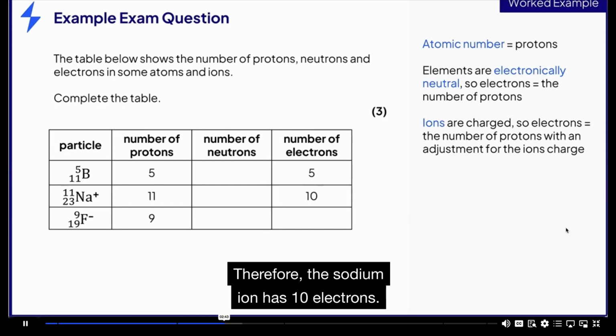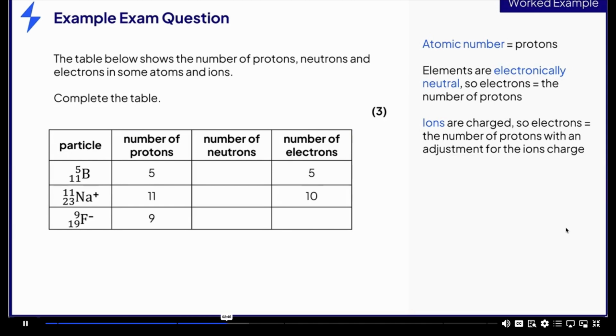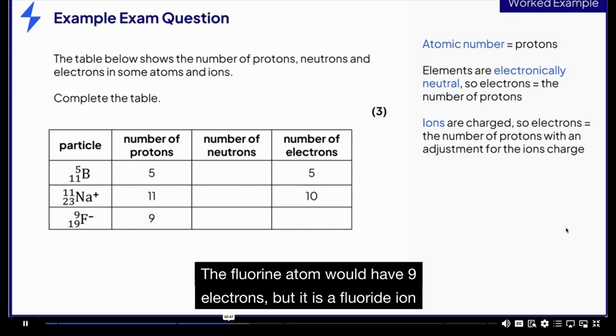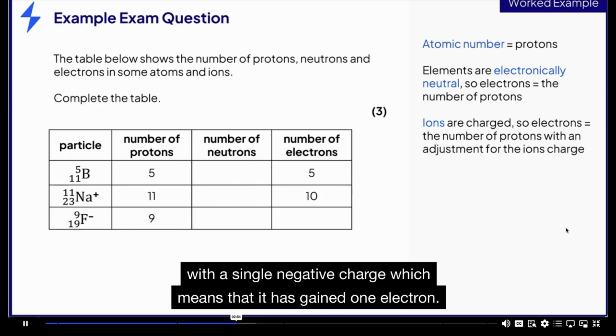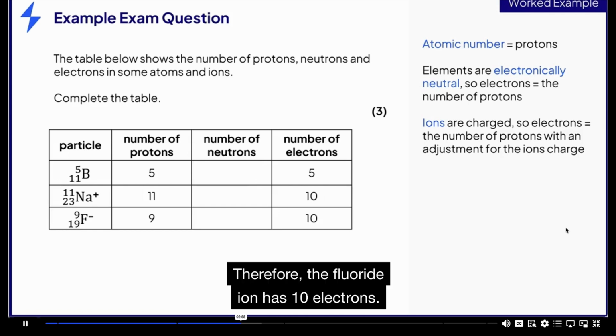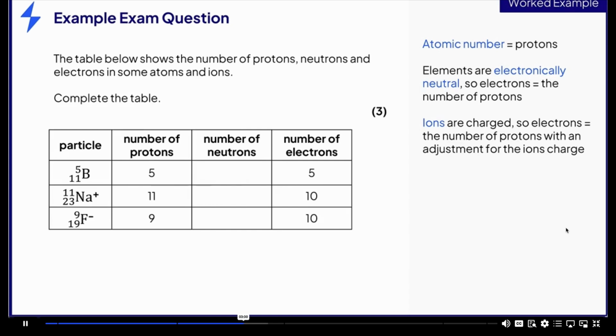Therefore, the sodium ion has 10 electrons. The fluorine atom would have 9 electrons, but it is a fluoride ion with a single negative charge, which means that it has gained 1 electron. Therefore, the fluoride ion has 10 electrons.